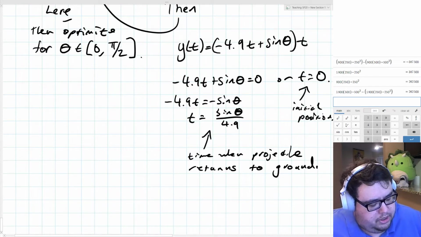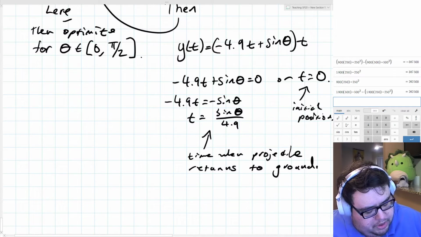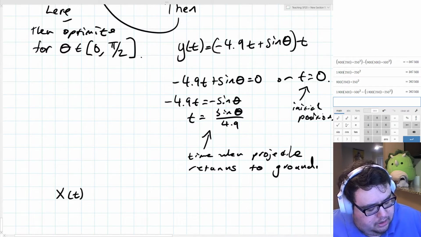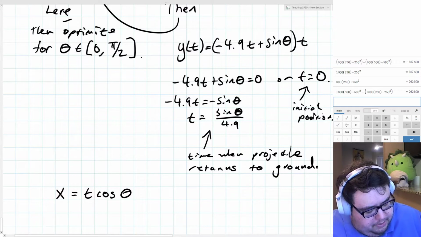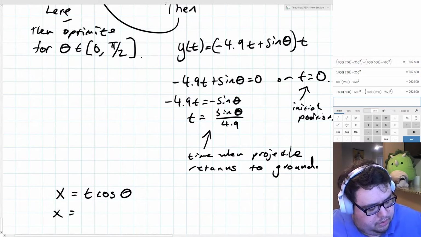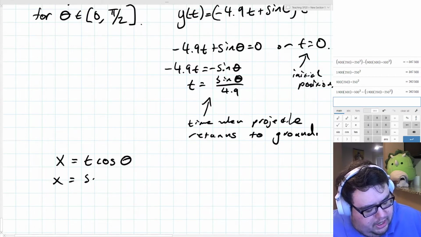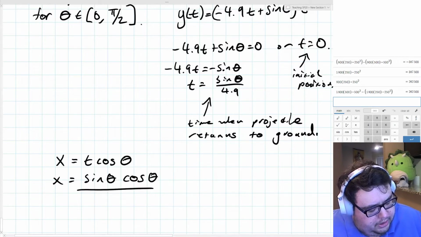We can substitute this time back into our other equation. X of t, well, x is equal to t cosine of theta. So that means that x is equal to sine theta cosine theta over 4.9.